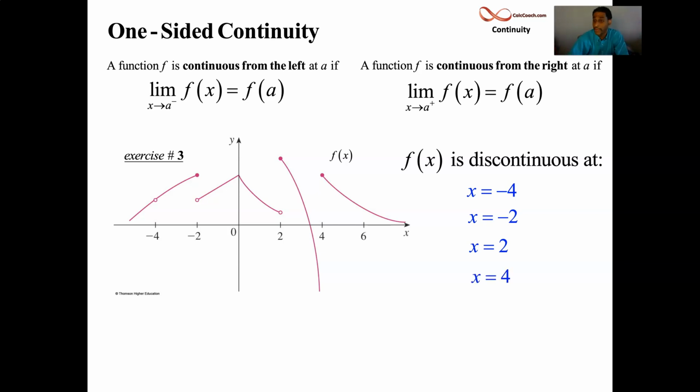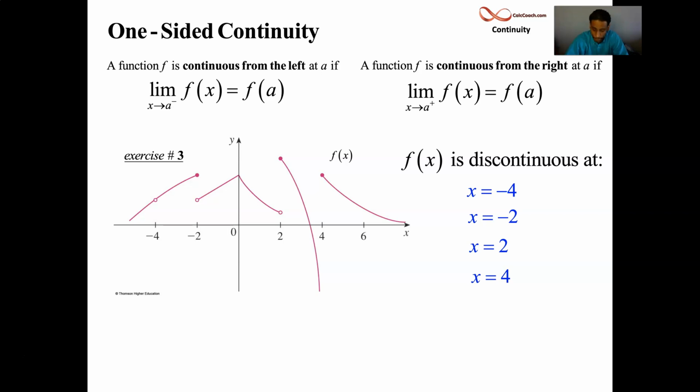So these are all discontinuities, right? The function is discontinuous at these x values. But you can recover one-sided continuity at some of these x values. Not at -4 though. No way to recover one-sided continuity. The left and right are headed to the same place, but they're not equal to the function value.